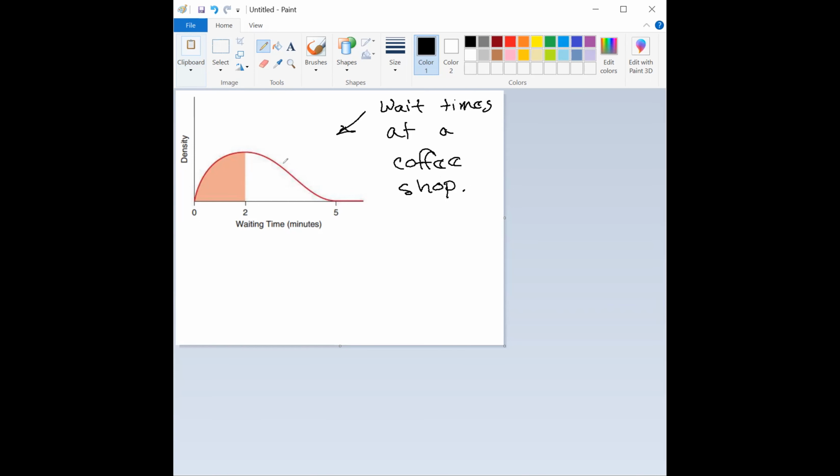And so what we're going to do is, again, if someone said, what's the probability that your wait time is exactly 1 minute, the probability of your wait time being exactly 1 minute is 0. And the reason for that is because for every number of possible outcomes from 0 to 5 minutes, there's an infinite number of them. And so it's infinitesimal. And you say, wait, no, but the probability of exactly 1 minute can't be infinitesimal.